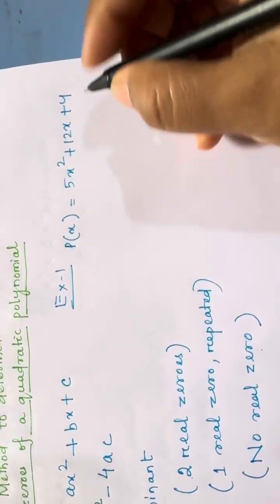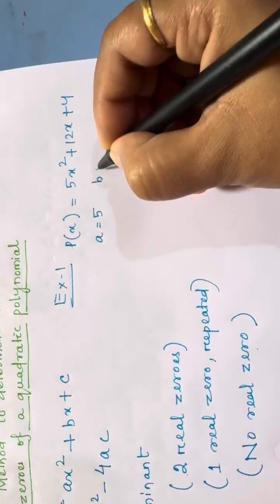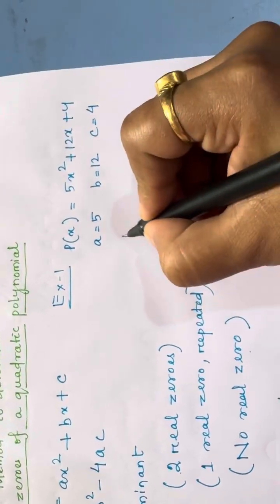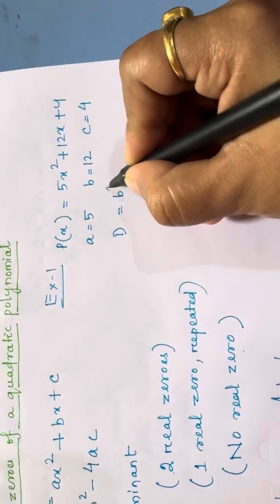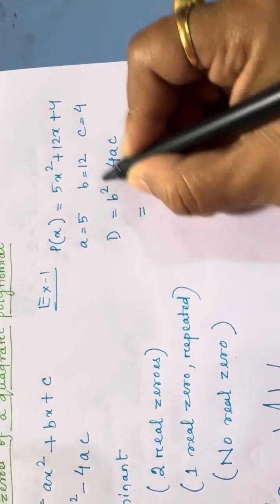Now, in this particular polynomial, what is a? a is equal to 5. What is b? b is equal to 12. What is c? c is equal to 4. So, discriminant is what? D is equal to b² - 4ac. So let's substitute the values. What is b? 12.